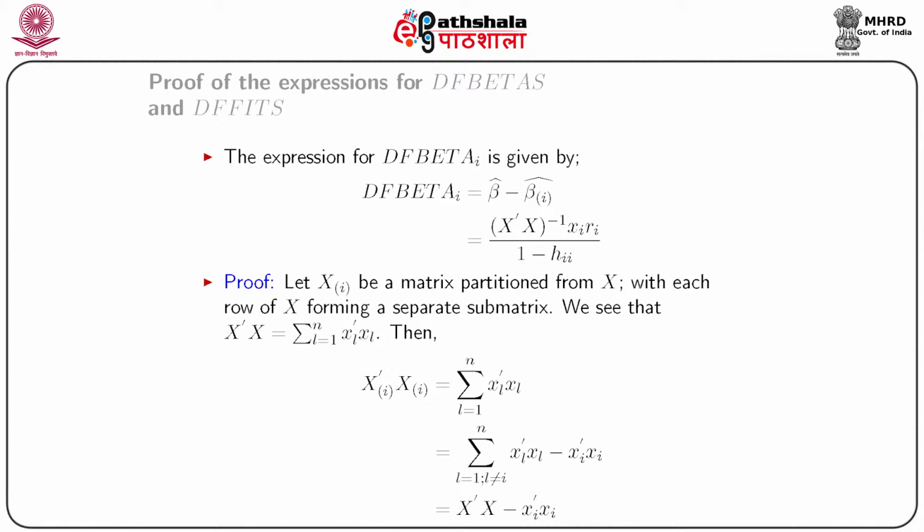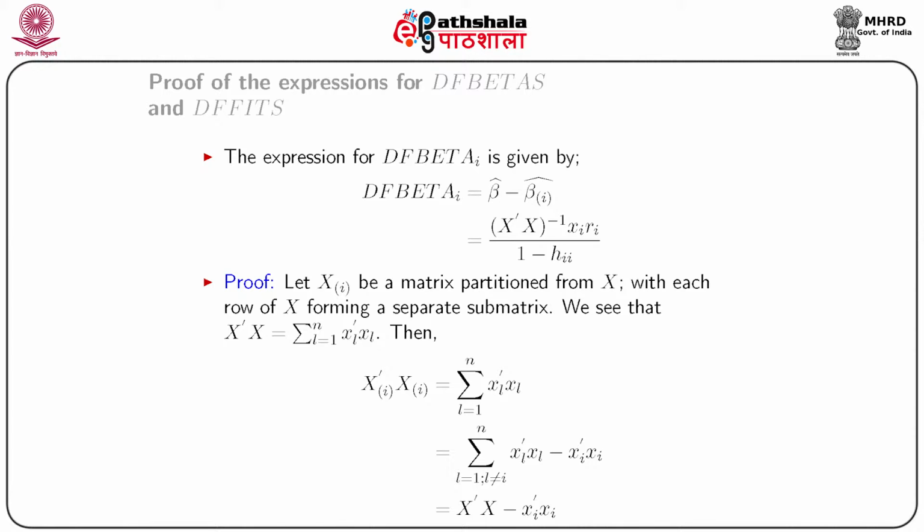We see that X prime X can be written as the sum over l equals 1 to n of x_l prime x_l. Then X_i prime X_i can be written as the sum over l equals 1 to n of x_l prime x_l, which can also be written as the sum over l equals 1 to n, l not equal to i, of x_l prime x_l minus x_i prime x_i, which equals X prime X minus x_i prime x_i.